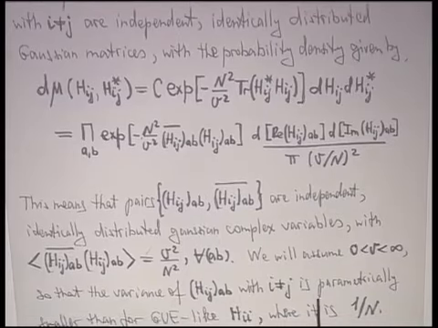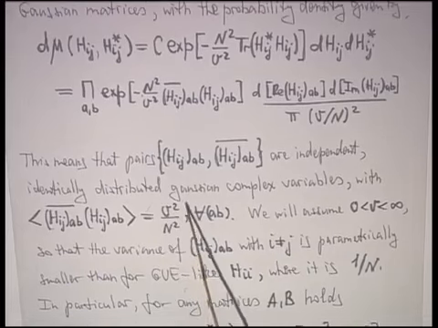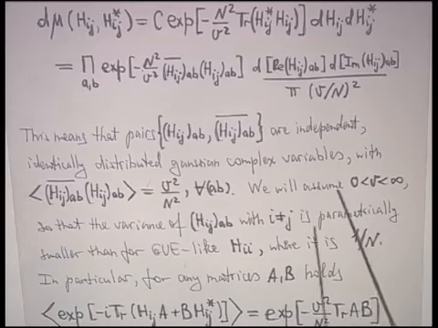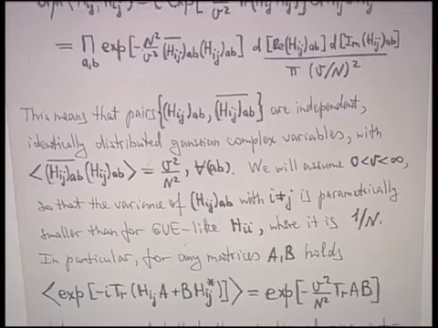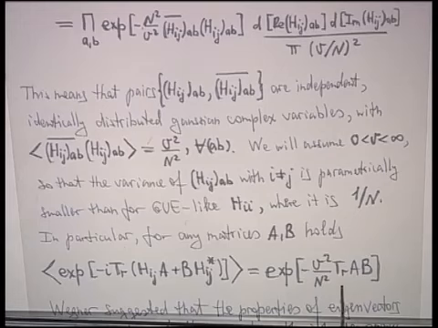Here you see that I choose these variances to be parametrically smaller. It's scaled 1 over n squared with some positive constant, which I called v squared, and I assume that this v is finite when n tends to infinity. We shall see that this is precisely the scaling which allows a non-trivial limit n to infinity to end up with something interesting, with the nonlinear sigma model on the lattice.